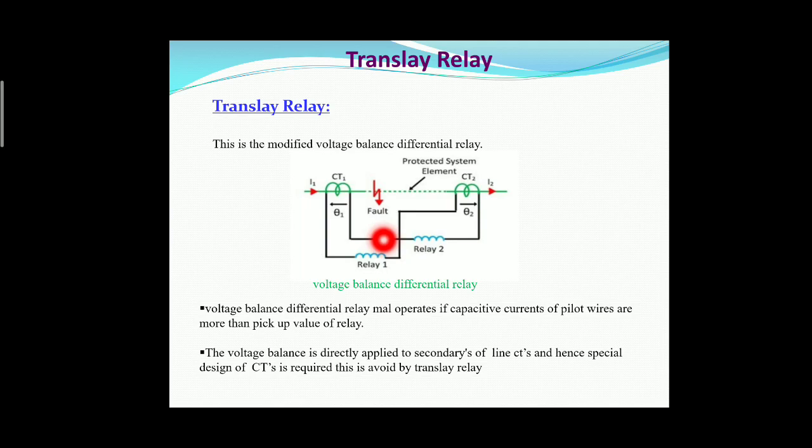Feeder means we are using a long length distribution or transmission system. When the length is in kilometers, the capacitance effect is added between the wires and the conductor. While increasing the current, the capacitive current IC also increases. The main disadvantage is that the voltage balanced differential relay is maloperated.